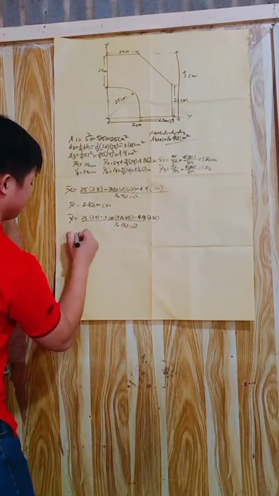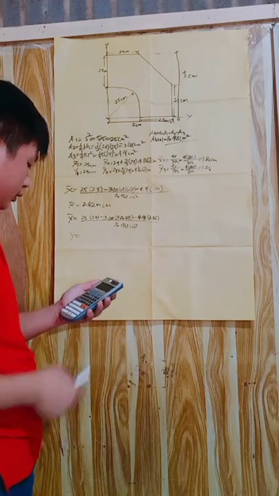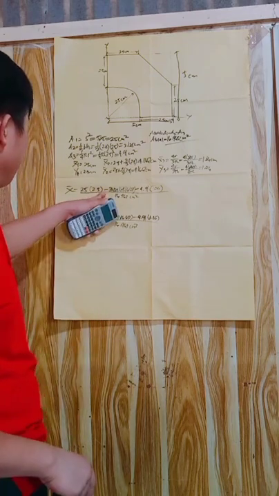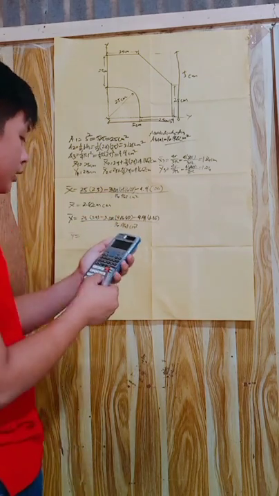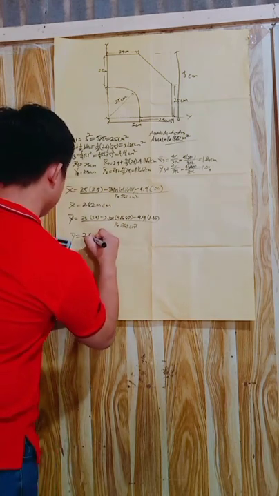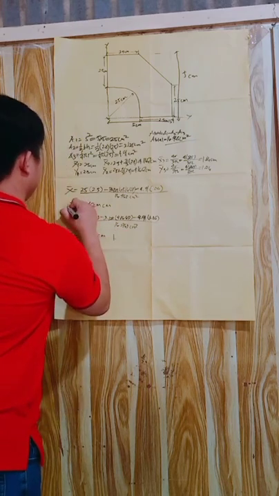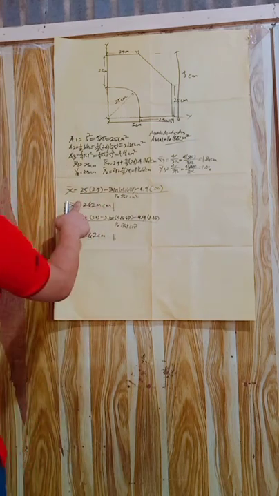Right? So the y bar is similar, so we solved it a while ago. It is also 2.62 centimeters. So this is the x bar and y bar.